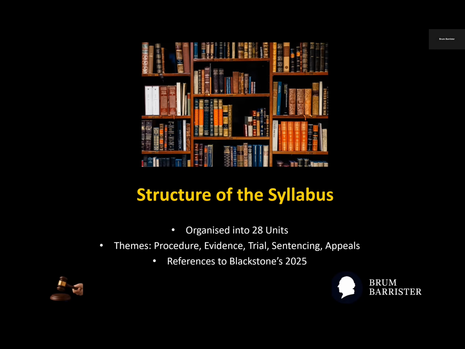But in this series, we'll look at the processes involved. And then finally, we've got sentencing and appeal. This is the final stage of every case. And yes, it all links back to Blackstone's Criminal Practice 2025 as your key reference for this course.